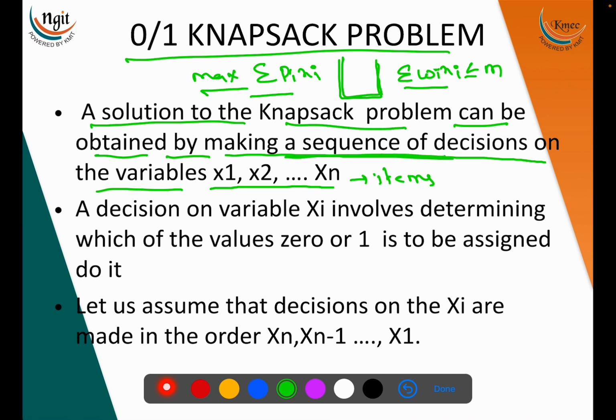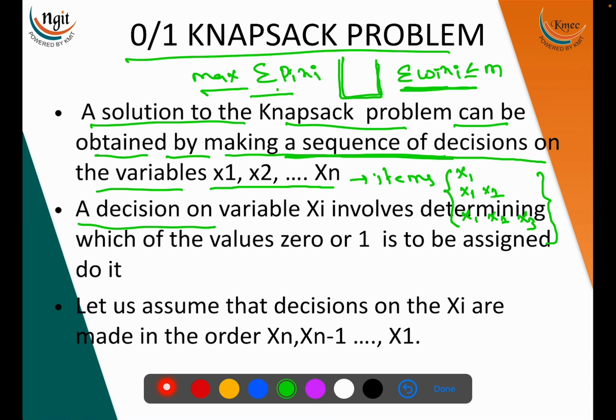That means, can I place x1 only, or can I place x1 and x2? Can I place x1, x2, x3? All these decisions are to be in line with maximum profit and not exceeding the capacity.